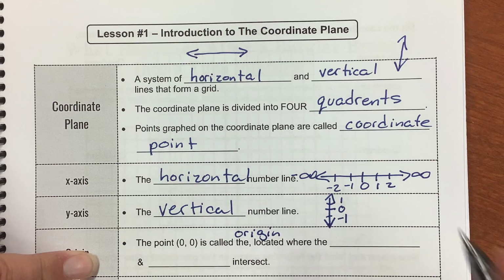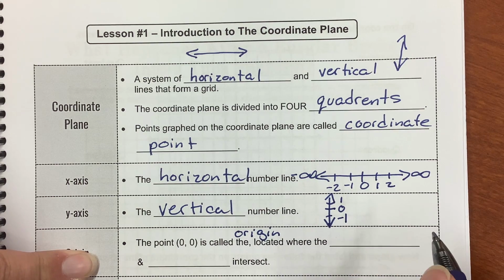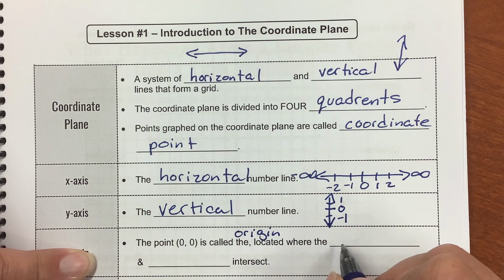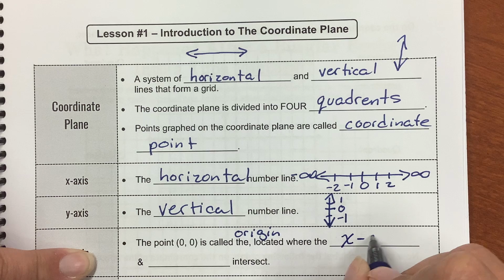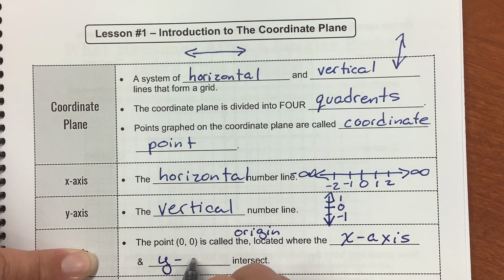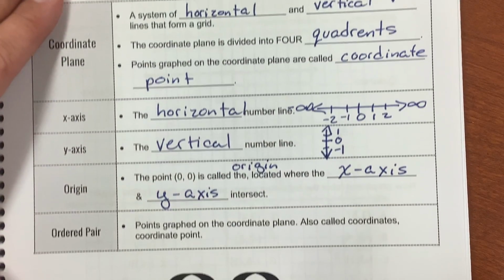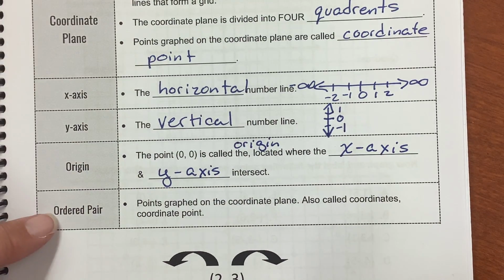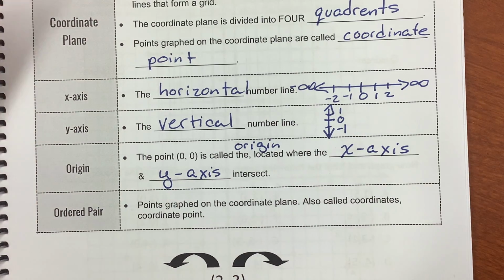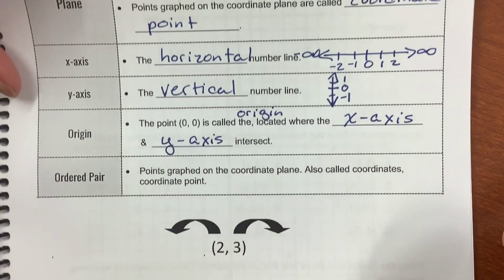Located where the horizontal and vertical number lines intersect, or where the x-axis and y-axis intersect. Let's go with that. Points graphed on the coordinate plane are called ordered pairs or coordinate points. I prefer coordinate points or just coordinates, so that's what I usually go with.